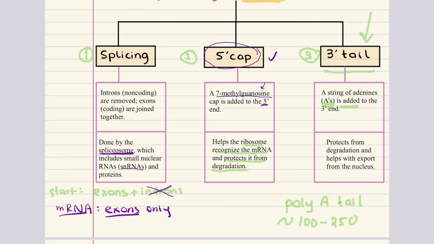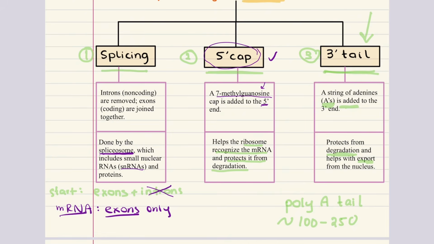Now, the poly A tail also helps protect the RNA from degradation, and it's going to assist with the export of the messenger RNA from the nucleus into the cytoplasm. So to summarize, splicing removes introns and connects exons. The 5' cap helps with ribosome recognition and stability, and the 3' tail protects the RNA and helps it leave the nucleus.